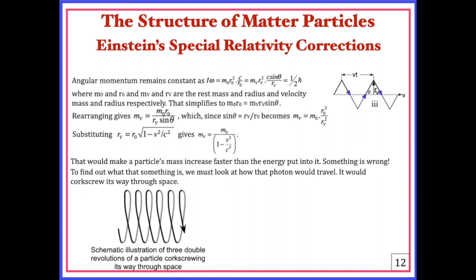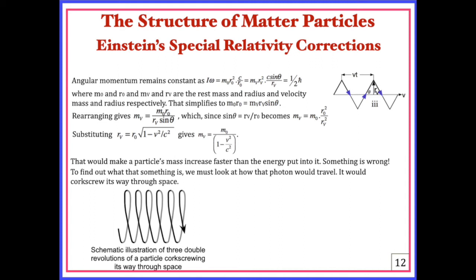As a particle of this type moves, its angular momentum, I omega equals half h bar, stays the same. The rotational contribution of c to angular momentum is now only c sine theta. The rest angular momentum is the same as the moving particle's angular momentum, which becomes I omega equals m naught r naught squared times c over r naught equals mv rv squared times c sine theta over rv equals half h bar.